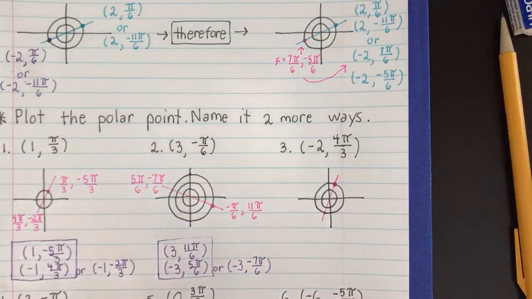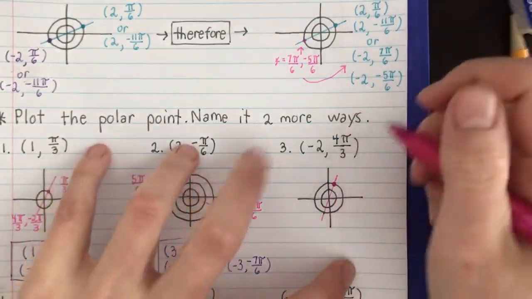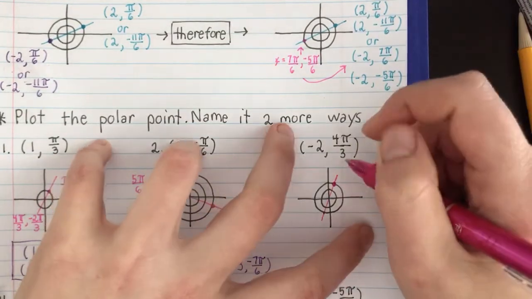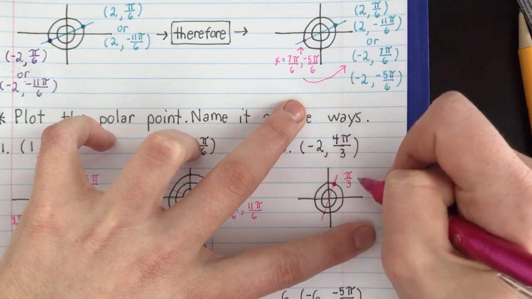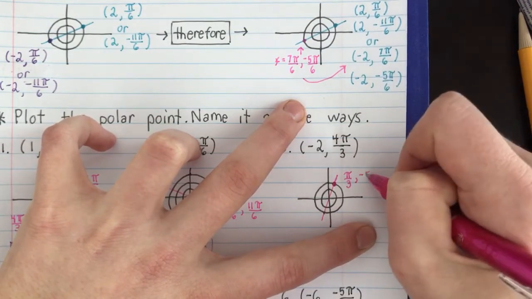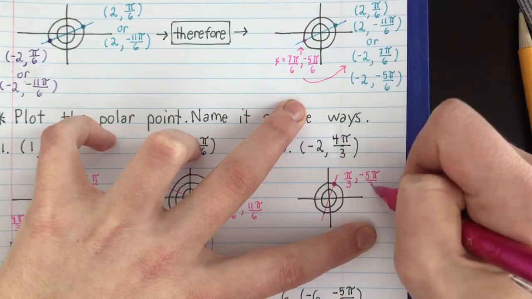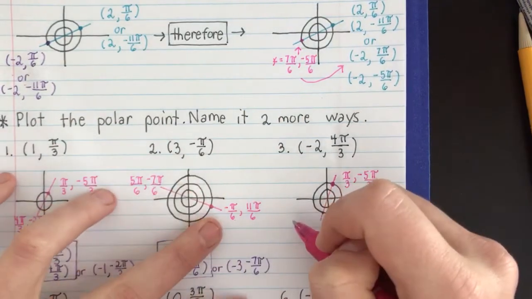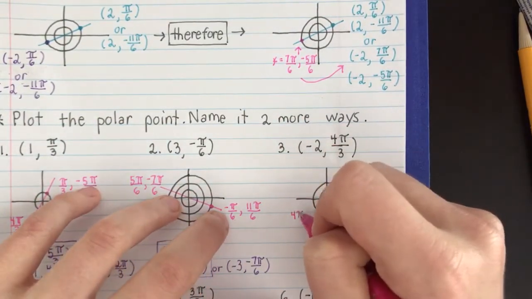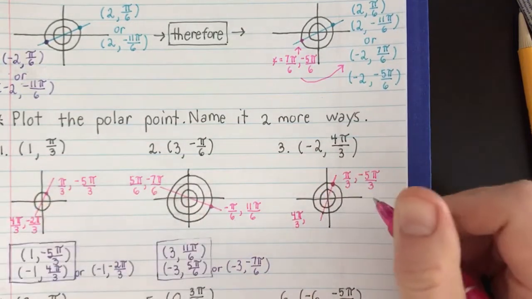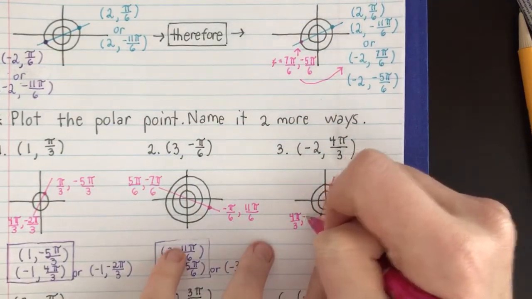Okay, so this point right here has angle pi over 3 and negative 5 pi over 3. While this here has 4 pi over 3 or negative 2 pi over 3.